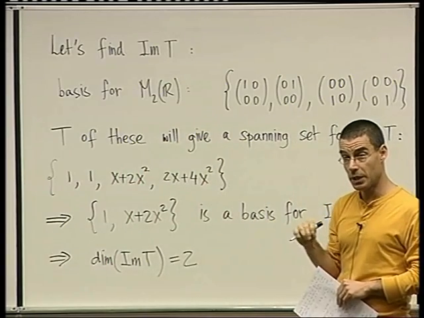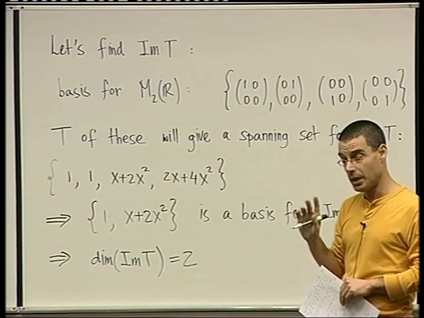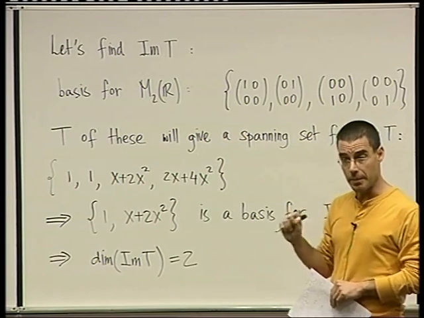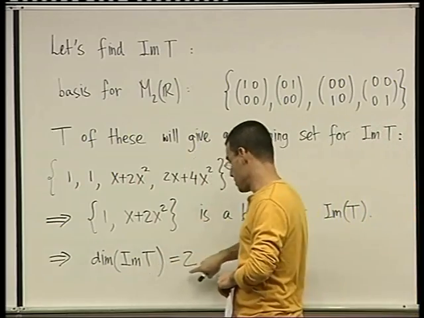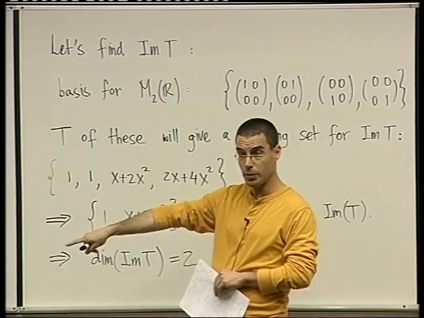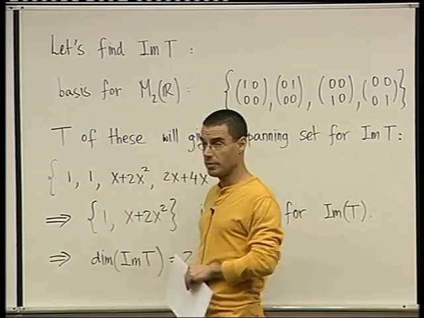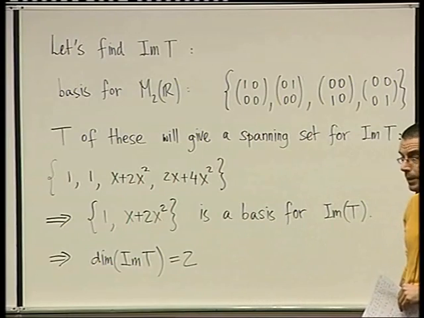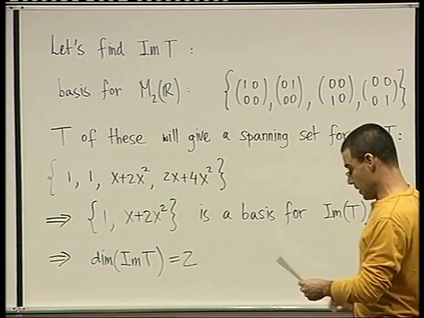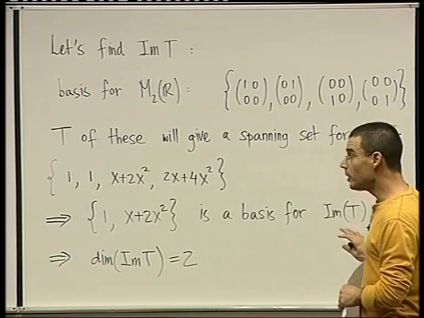Polynomials of degree less than or equal to 2 form a 3-dimensional vector space. But the dimension of the image is 2. The dimension of the kernel was 2. They sum up to the dimension of the domain space, 4. Good, everybody? Okay, so we'll stop this one here.